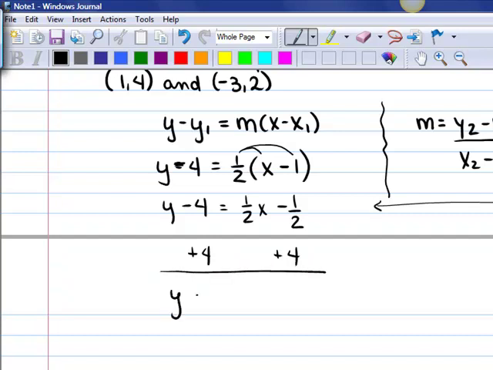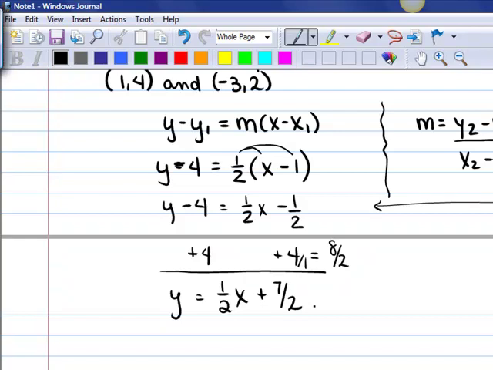So I have y equals 1/2 x, and then minus 1/2 plus 4, that's 4 over 1, which is the same as 8 over 2. 8 halves is the same as 4. And now I can subtract negative 1/2 and a positive 8 halves. Combine those to get positive 7 halves.